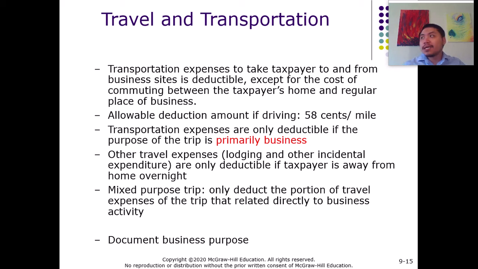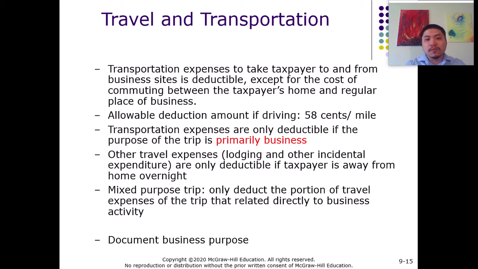So let's go back to our example earlier, right? If a taxpayer goes on a trip and spends 3 days meeting up with potential clients, and then spends 2 days relaxing, enjoying some vacation time, then he spends 3 out of 5 days conducting business, right?